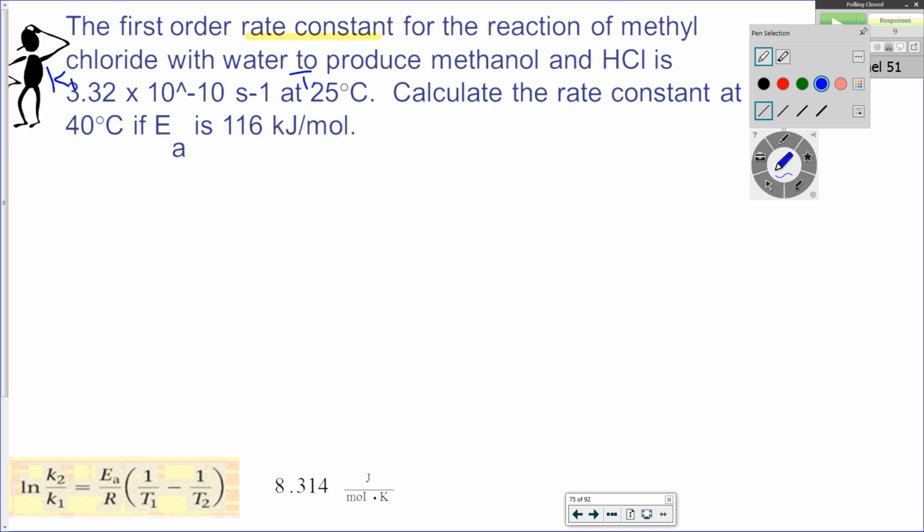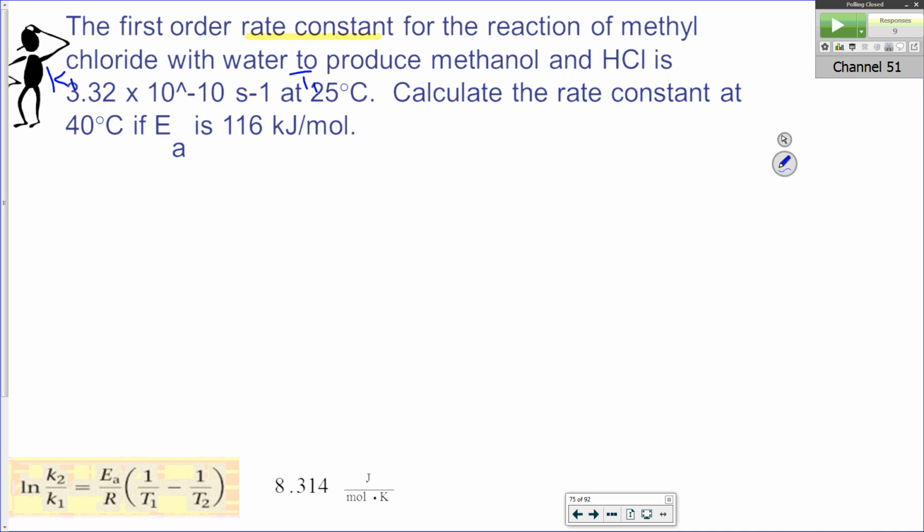I know K1 and T1. I want to know what the rate constant is at 40 degrees. So this is T2, and the E sub A is given. So now I'm looking for K2 at this new temperature, 40 degrees Celsius. I know K1, T1, T2, and the activation energy and R. So I'm looking for a different variable this time.